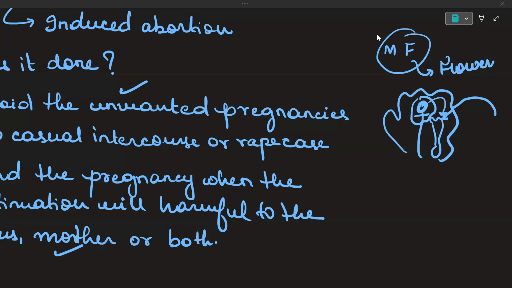Now the next question is, what is a pollinator? Agents of pollination in general are known as pollinators. Can you give me some examples?